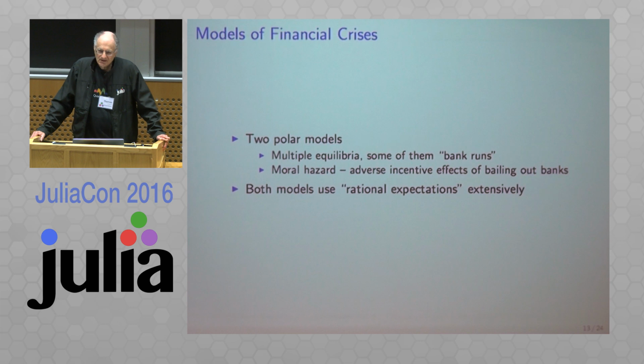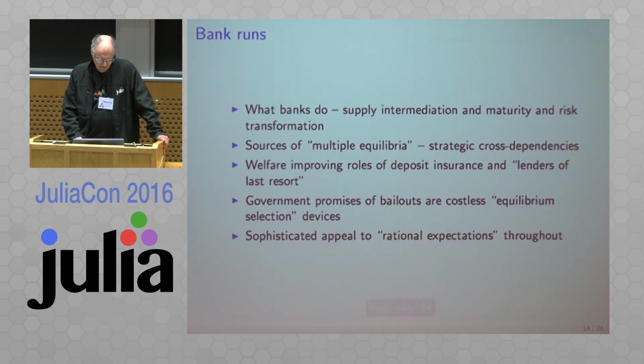If you read the press, which I don't recommend, they'll have all sorts of stuff about greed and the stupidity of economists and traders causing the financial crisis. That work has contributed nothing to understanding the financial crisis, but this has. They're serious issues, and those use rational expectations extensively. I just want to mention that.